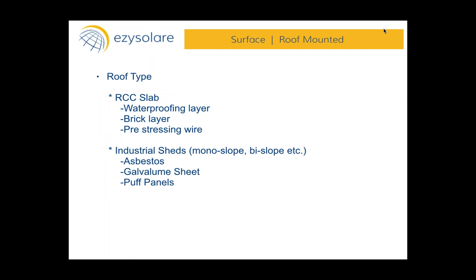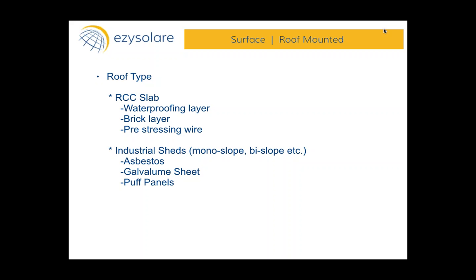On a rooftop project, there are generally two things: RCC slab and industrial sheds. Most educational institutions and government buildings come under RCC slab.